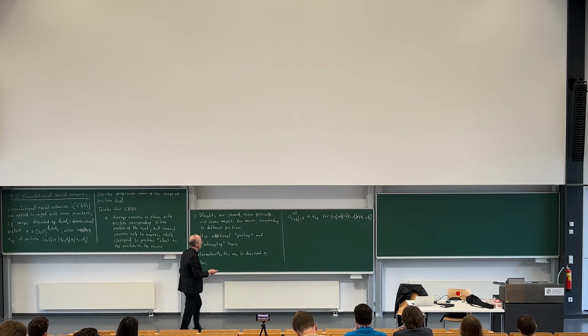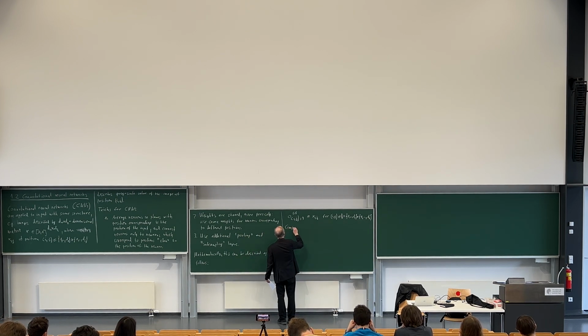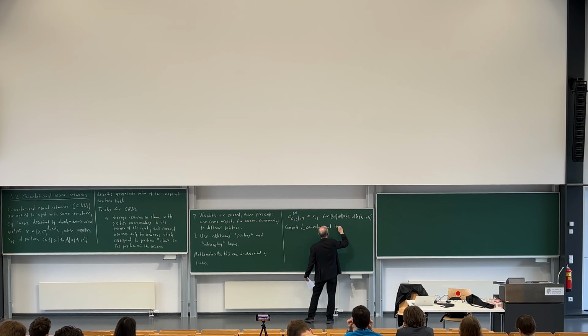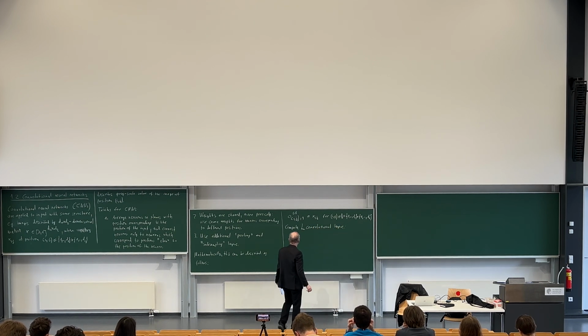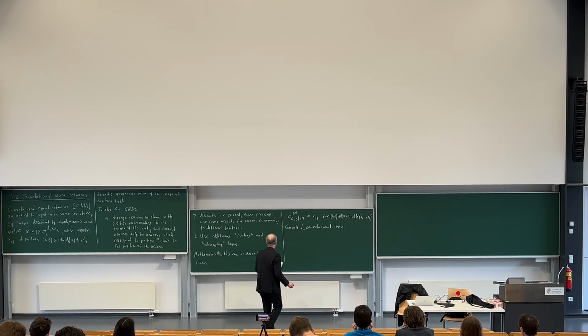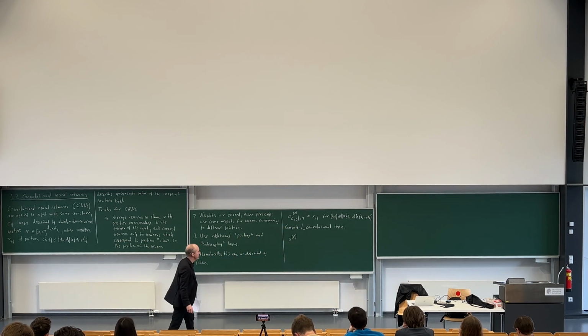Then I compute a number of convolutional layers, and the number of layers is capital L. So I define an output of the lth layer, where small l runs from 1 to capital L. It has a position, as before.